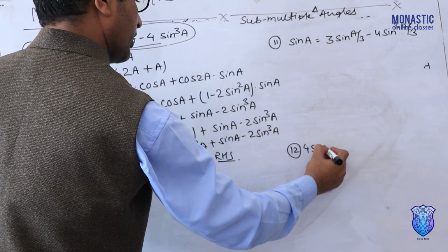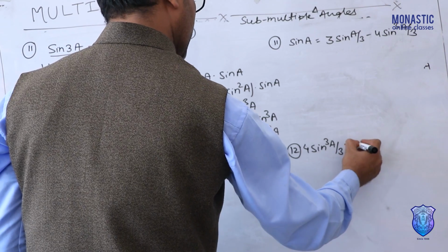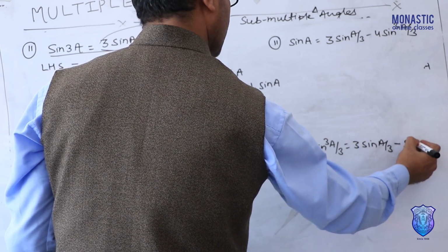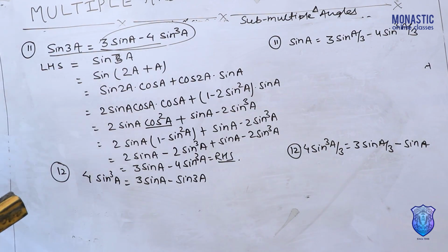So 4 sine cube A by 3 equals 3 sine A by 3 minus sine A. That's the first formula we have for 3A, sine 3A.